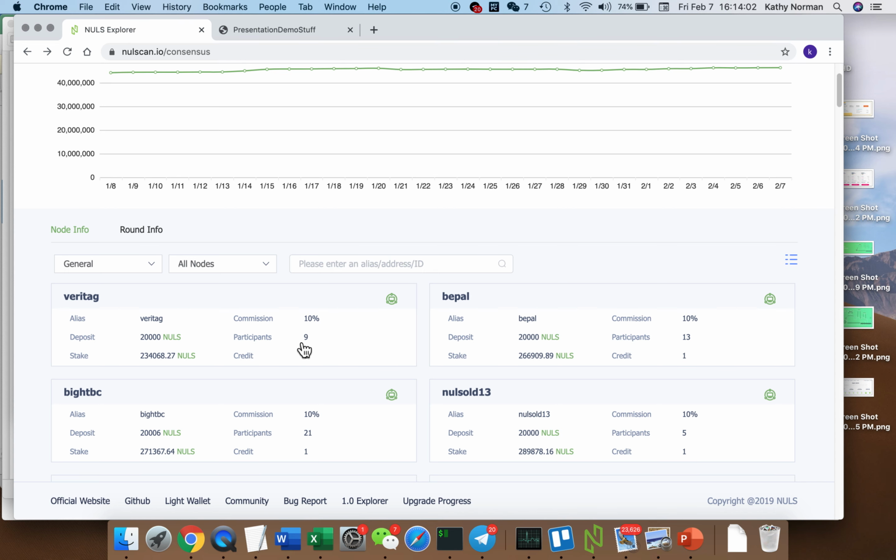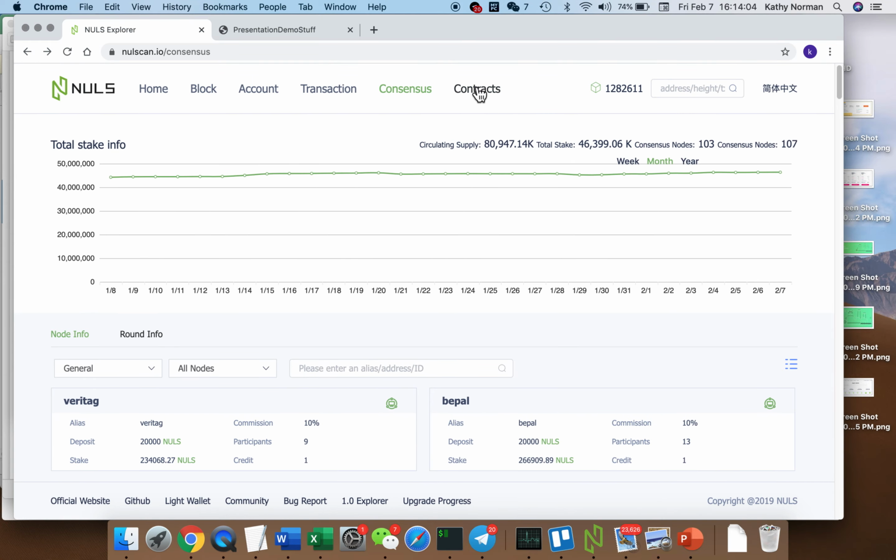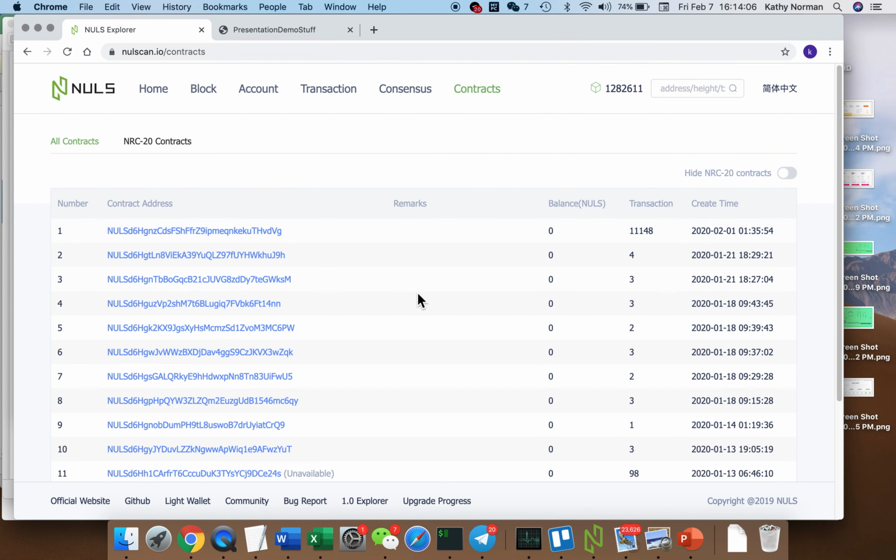And one more thing we're going to look at here is the contract. These are the programs that have been deployed on the blockchain and execute against the blockchain when they're called. Let's take a look at this contract right here.